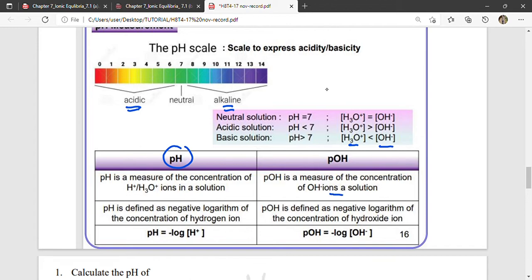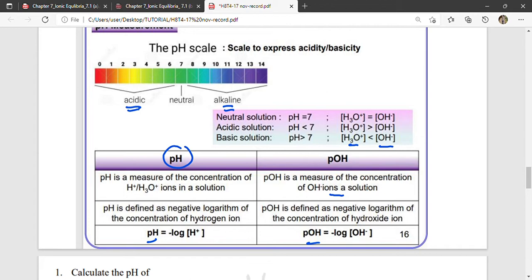You can read about it by yourself. pOH is a measure of the concentration of hydroxide ion in the solution. The value of pH is calculated by the formula of negative logarithm of the concentration of H plus. pOH is the negative logarithm of the concentration of OH minus.